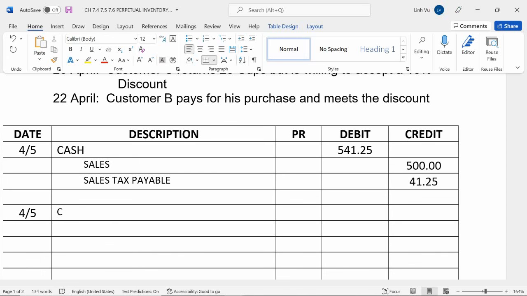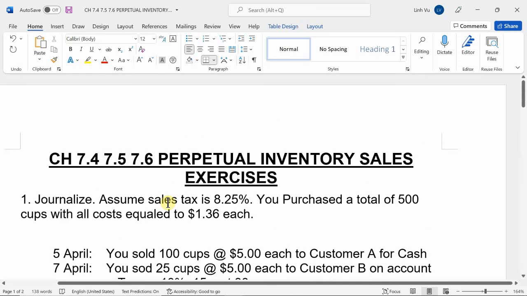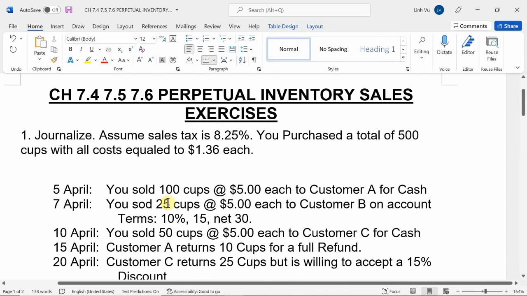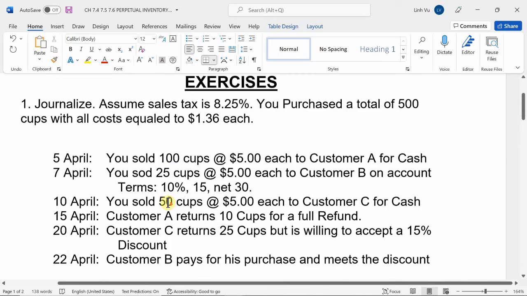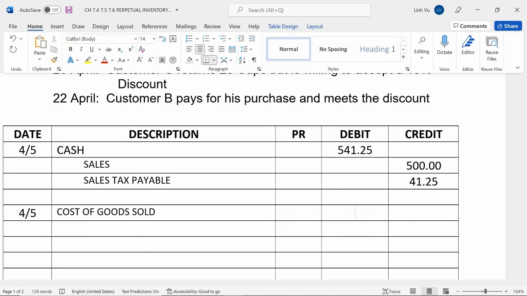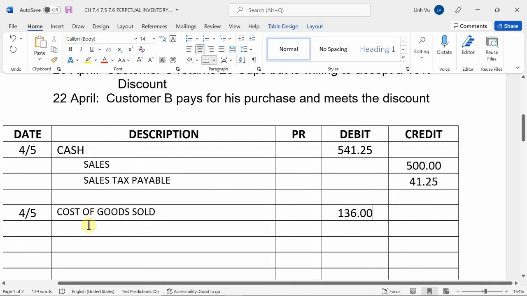Okay, cost of goods sold would be debited first. Good. We sold how many? 100? We sold 100 cups at, so for $136. Good, because that's what it cost me. And then our inventory is credited that amount, correct?